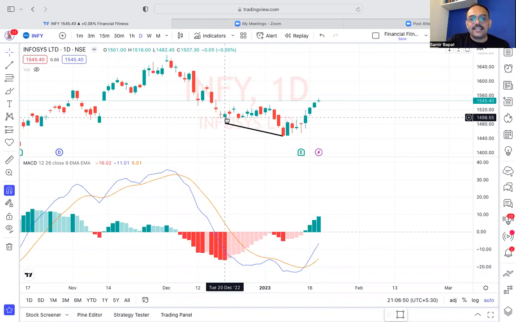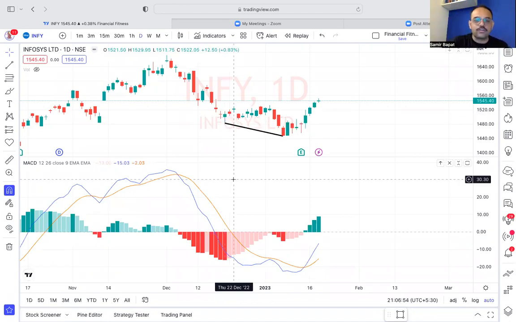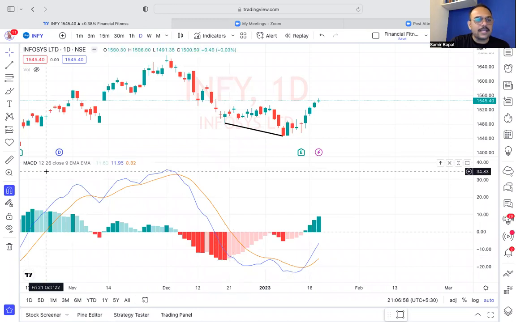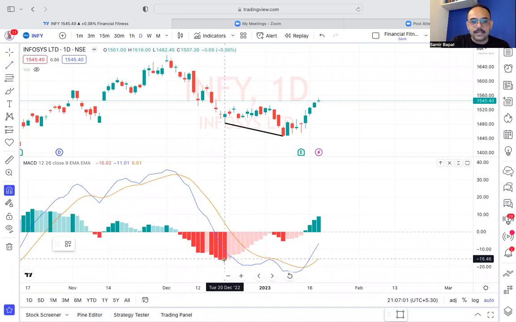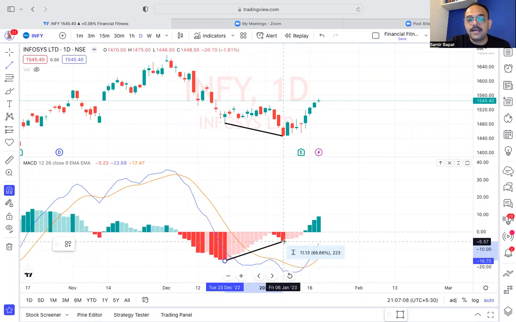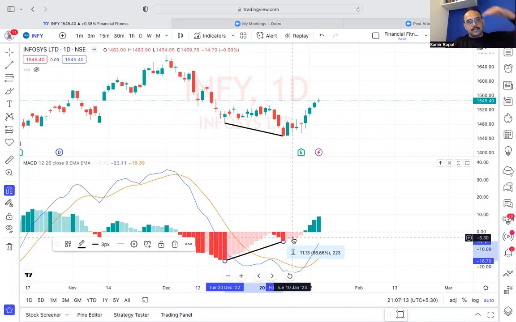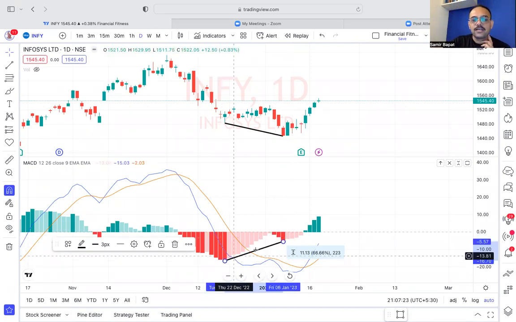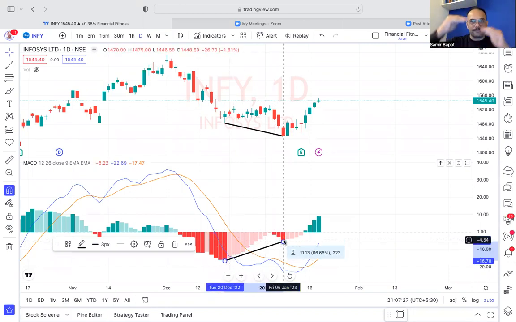Now, if you see the histogram below, this is the bottom in the MACD histogram corresponding to this bottom, and this is the histogram corresponding to the other bottom. The price bottoms are forming lower, but the histogram V shape is relatively higher, correct?